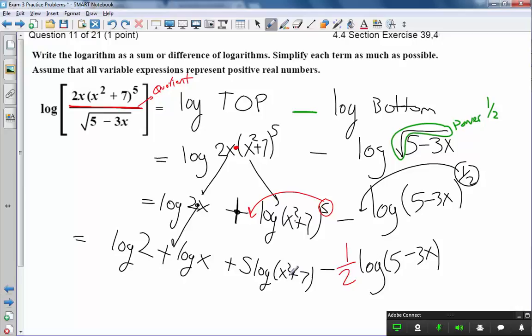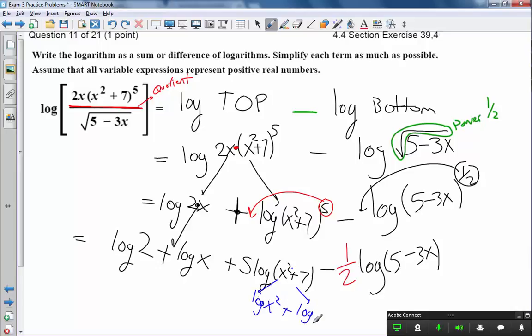How about this 2? Can you make this go away in front and combine with 5? No. This one won't escape because it's not the power of the entire stuff. It's just the power of x squared. So it can't come out. Then can I separate this into 2 pieces, and let the square go?